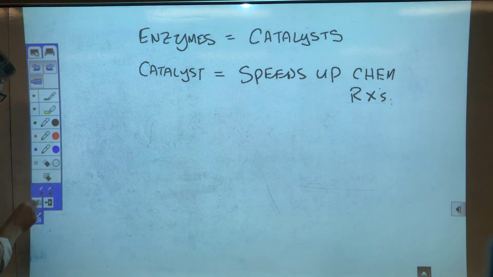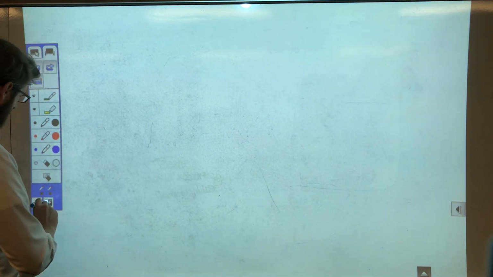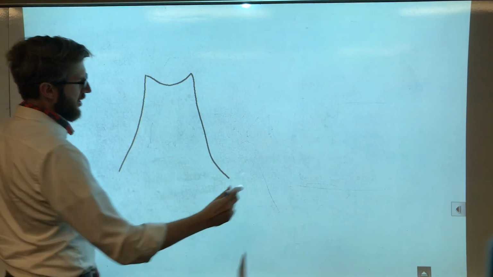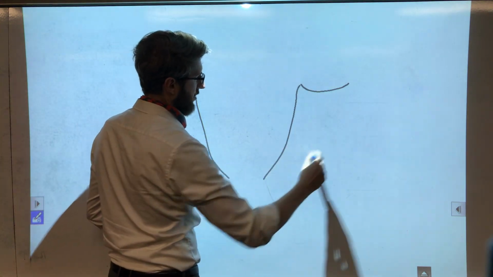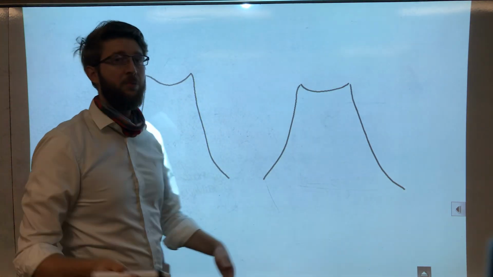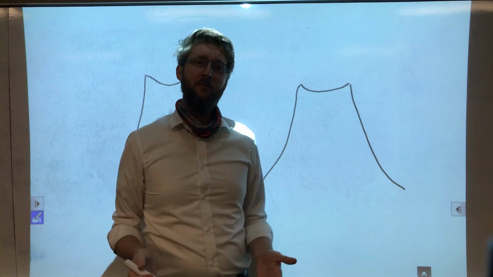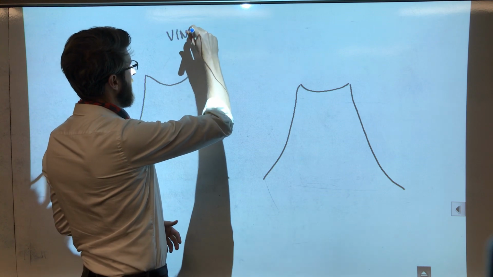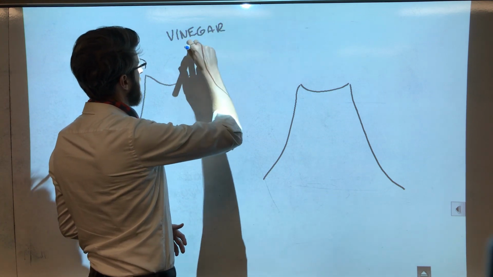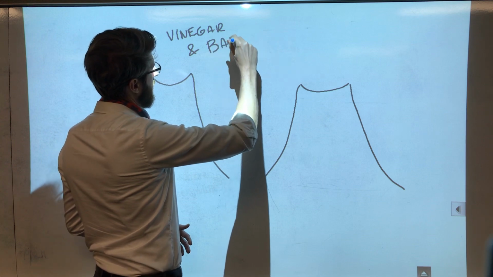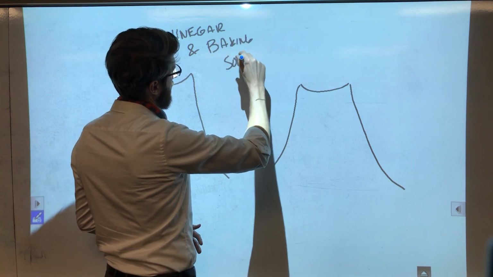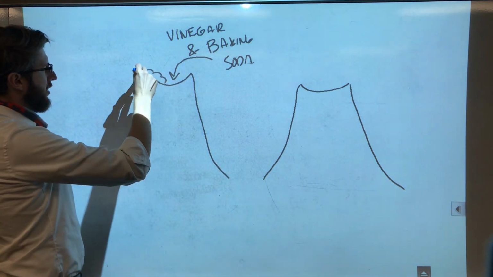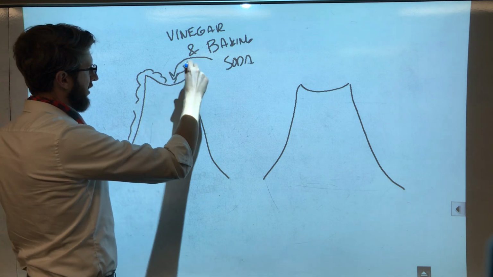So let's say that we have two paper mache volcanoes. You guys have probably seen this or done this yourself, where you have a volcano and you add vinegar and baking soda into the volcano, and then you get a little bubble of stuff out.